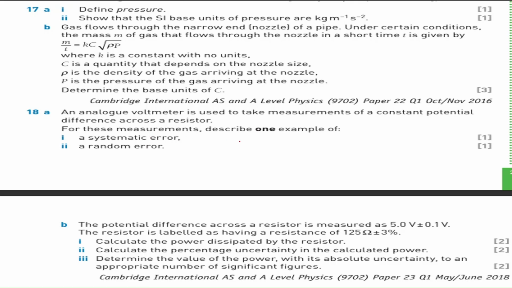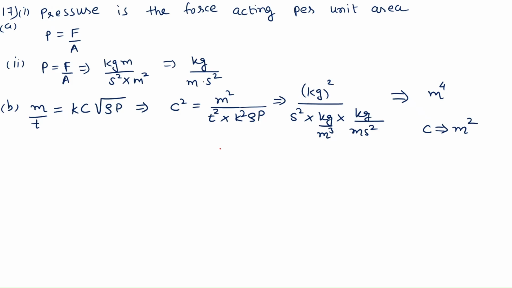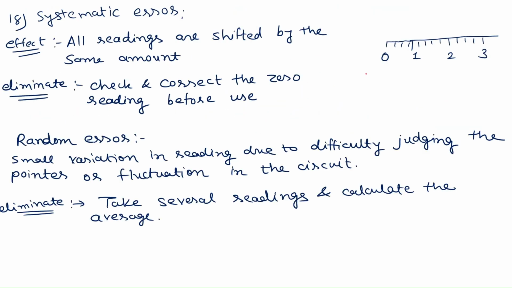Now, for these measurements, describe an example of errors. We have two types of error, systematic and random error. In my first lecture, I mentioned these two errors in detail, so I'm not going into detail this time, but here I take a scale. Consider it a voltmeter scale.